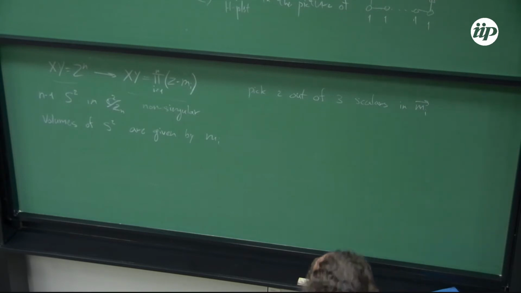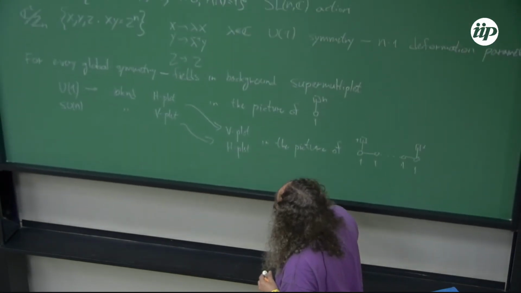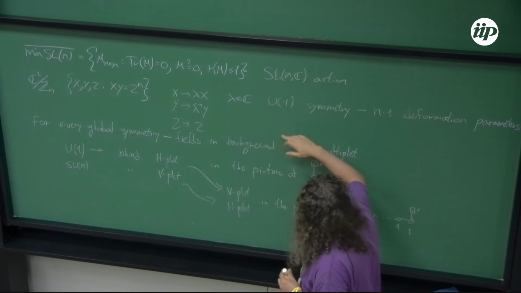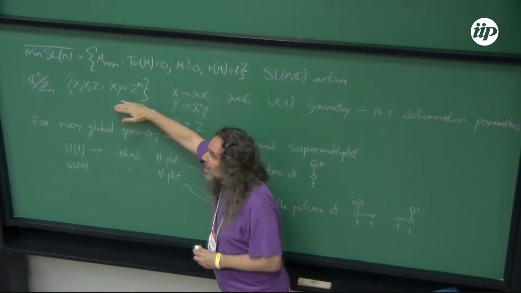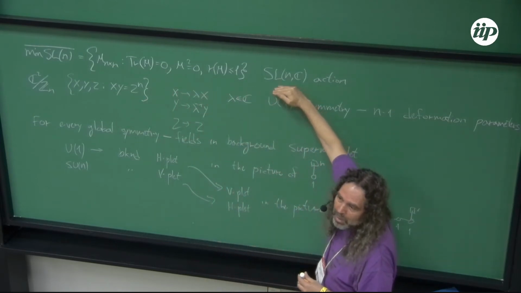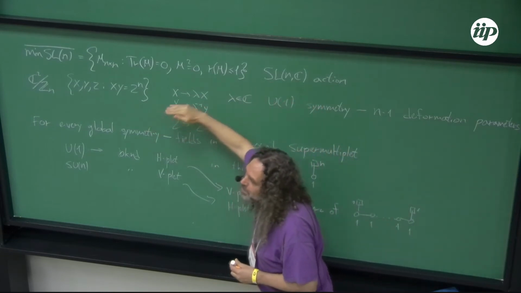But look at the beauty of this point. Those deformation parameters of this space are actually in the background vector multiplet of this space. So there is a correspondence between those two spaces. Right?